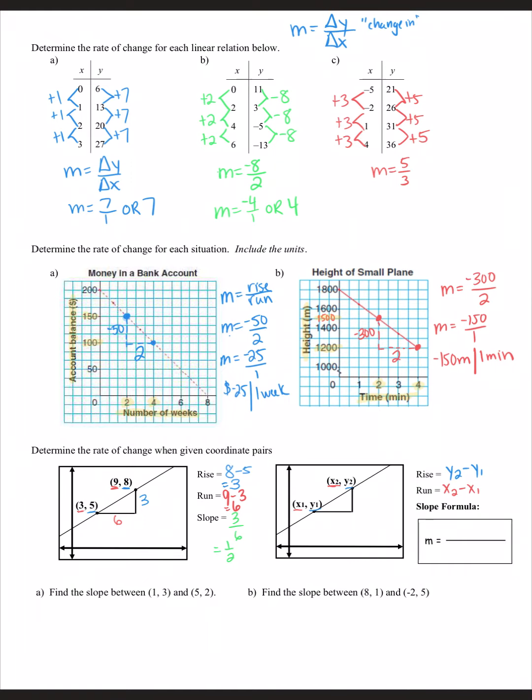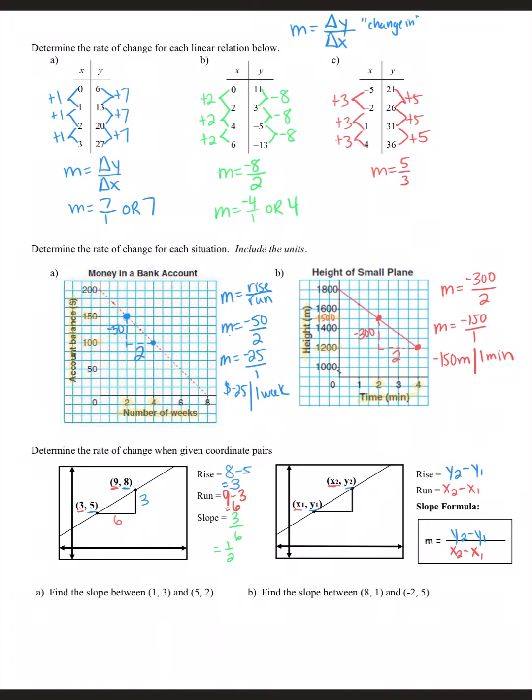So our slope formula, if we were given coordinate pairs, would be y2 minus y1 divided by x2 minus x1. So now that we're not always going to use a graph, if we're just given points, we should be able to find our slope. We should be able to find our rate of change.